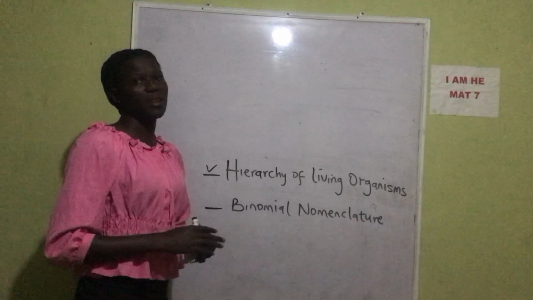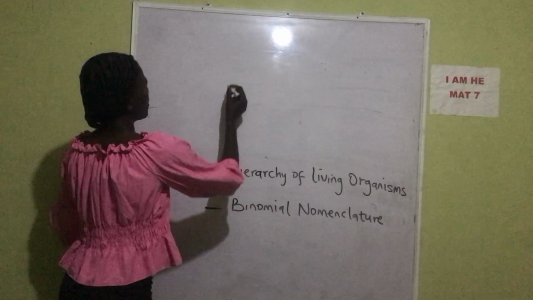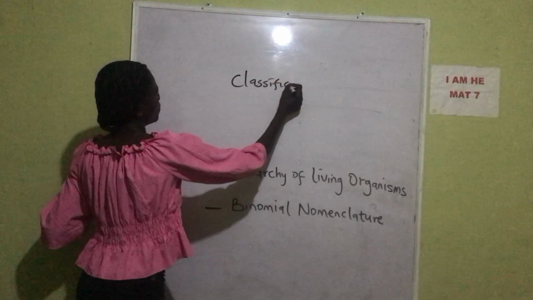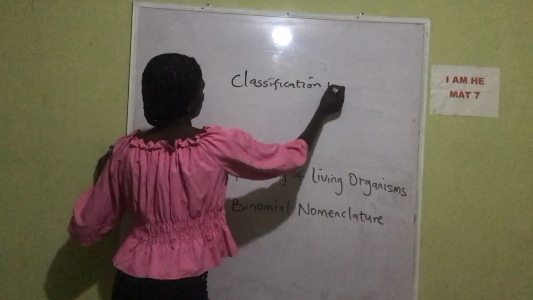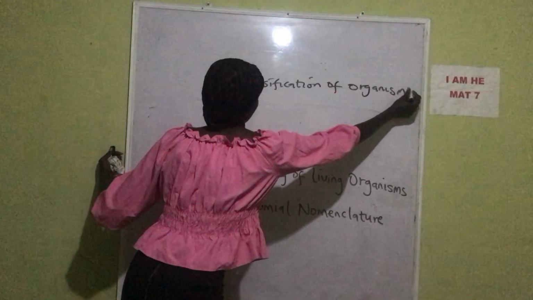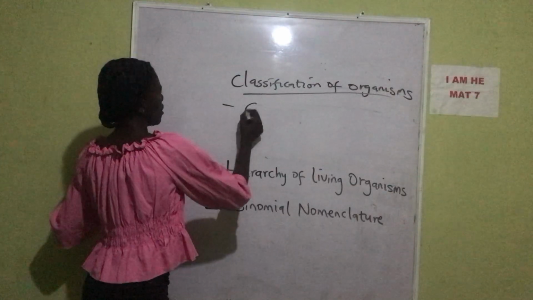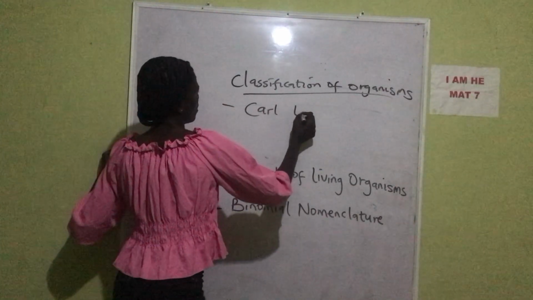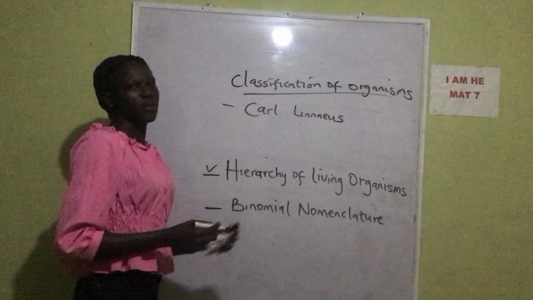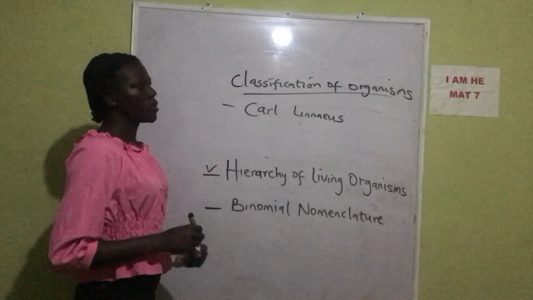So that's how it is in the hierarchy of living organisms. Certain scientists tried classifying organisms. They tried to put in their best to classify organisms. So finally, a particular scientist called Carl Linnaeus was able to classify living organisms.